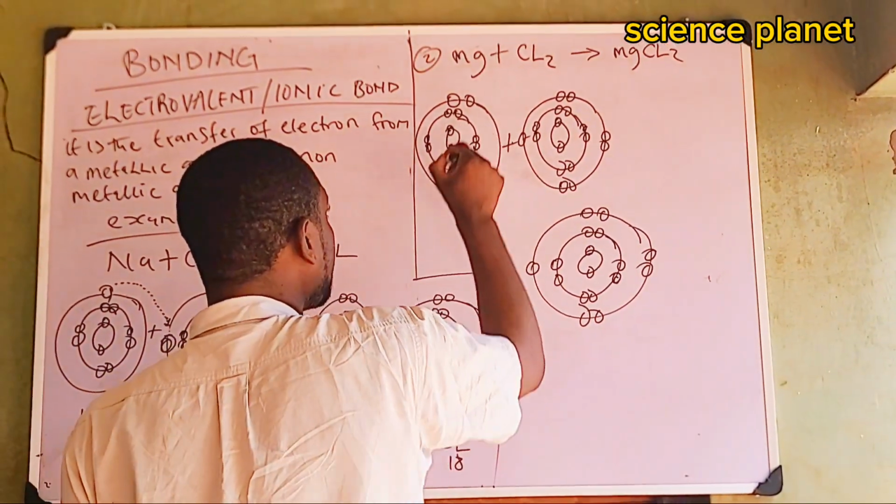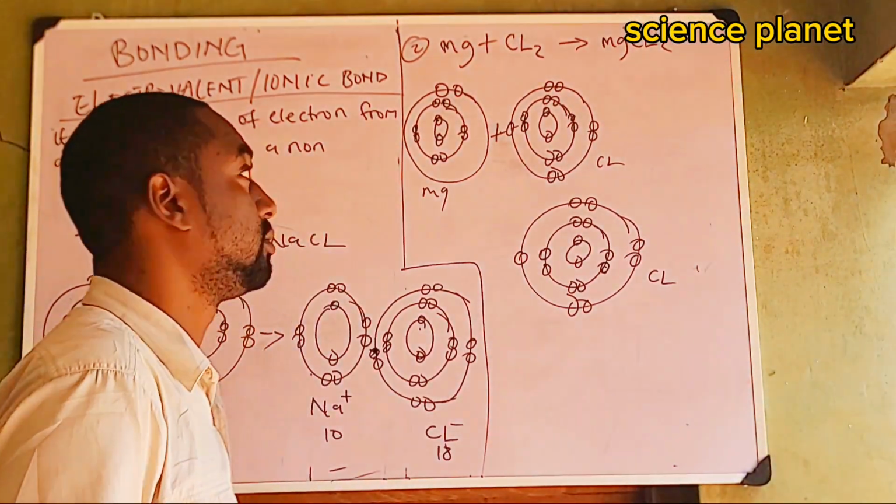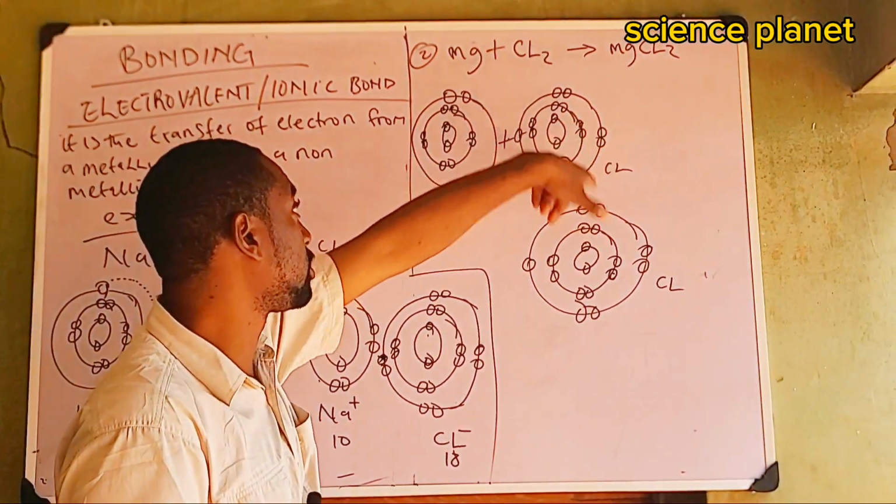So this is our magnesium, this is our first chlorine, and this is our second chlorine.